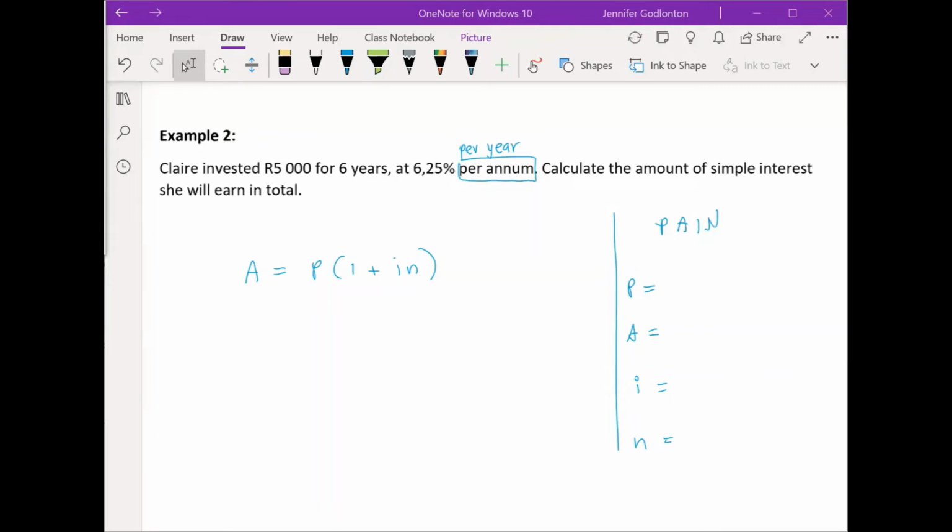So just give it your best go. See if you can figure out what P, A, I, and N is, which one we're still wanting to figure out, and see if you can find our end answer. And then we're going to talk about this step by step together.